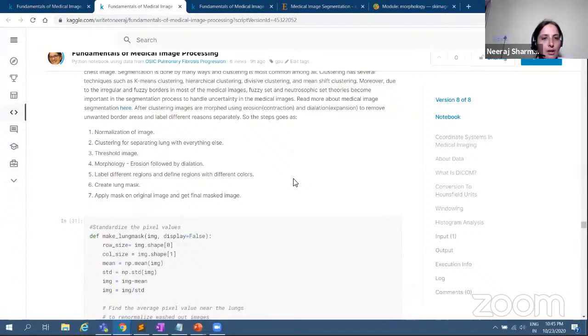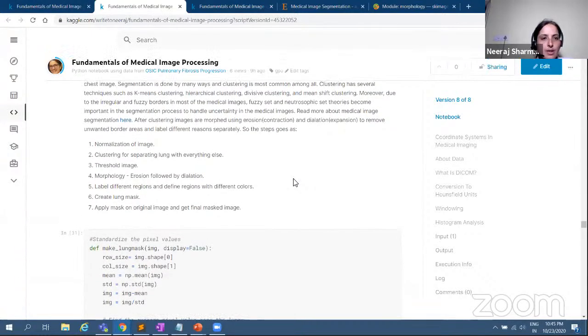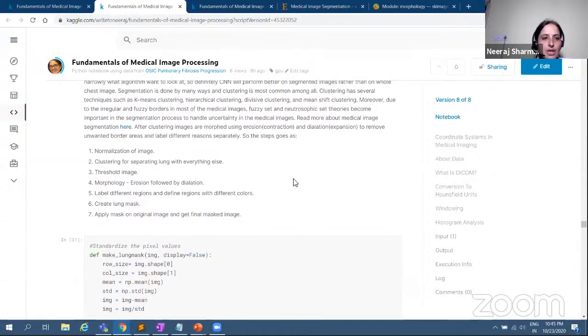So that's how we will use clustering here. Different types of clustering we can use: k-means clustering, hierarchical, or mean shift clustering. I have used k-means, and there are other clusterings which we can try, like fuzzy clustering, because the borders are very fuzzy.